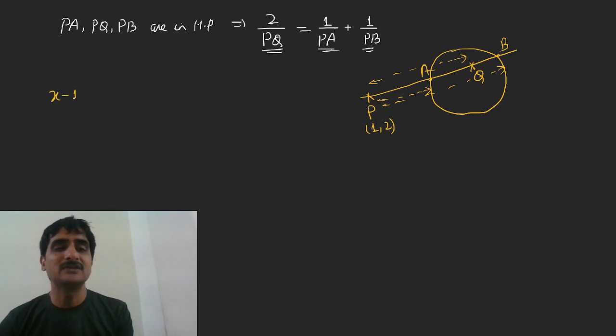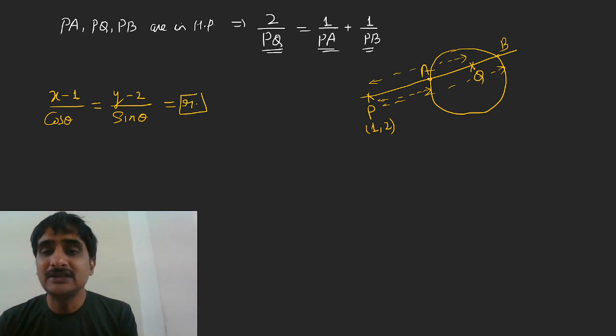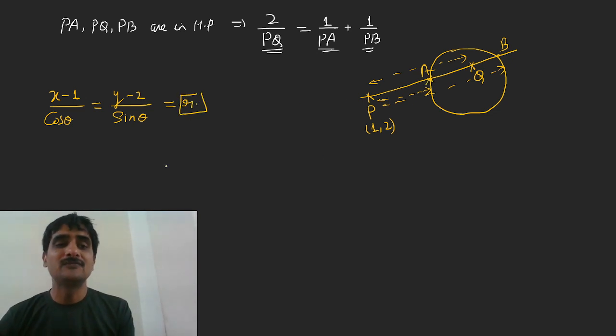So I will be starting with (x minus 1) over cos theta, since slope is not given, it's a variable line and hence a variable slope, equals (y minus 2) by sin theta, is equal to r. Now what is r? r is the distance of any point on this line from the fixed point (1, 2). Now just get x and y.